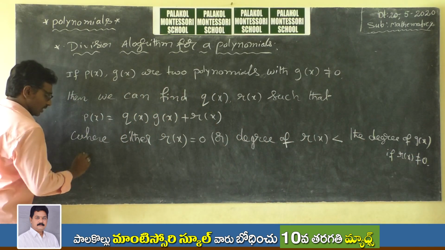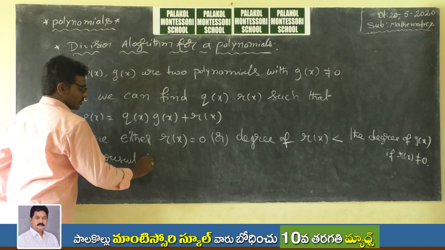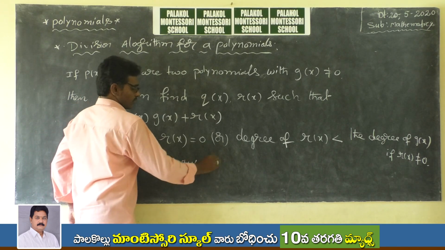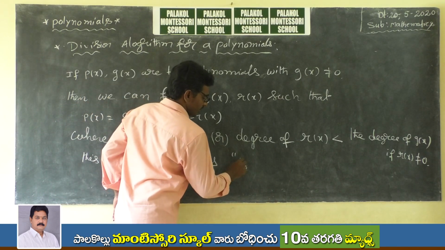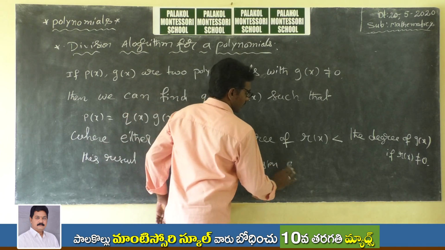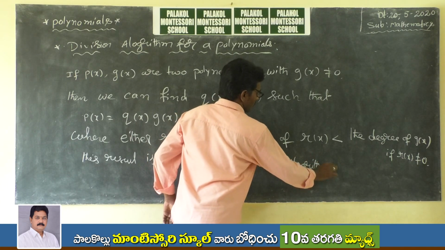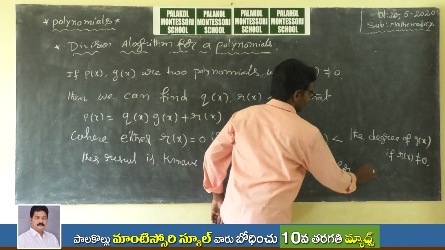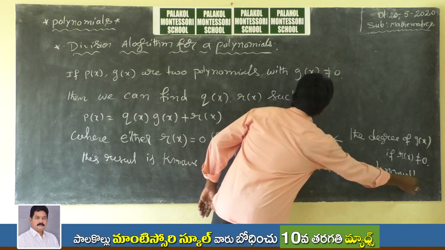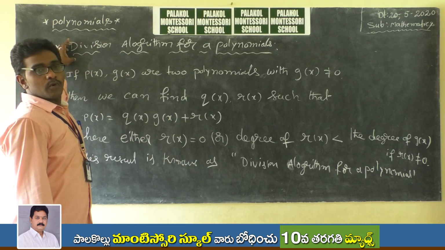So, this result is known as the division algorithm for a polynomial.